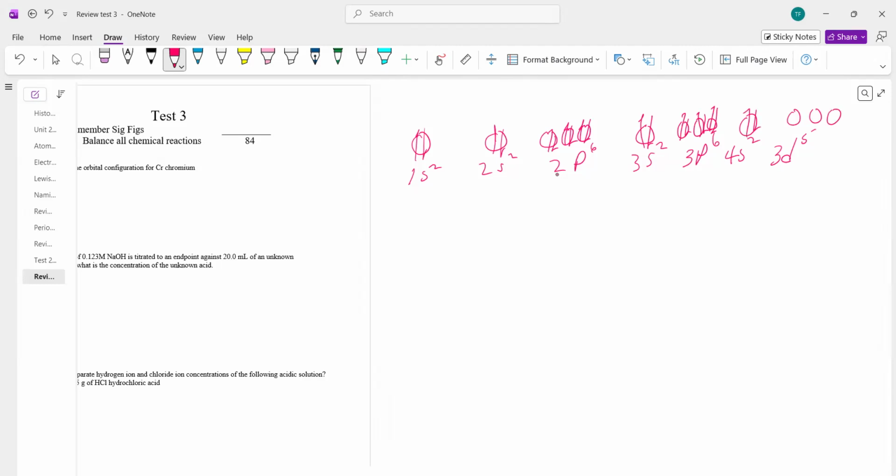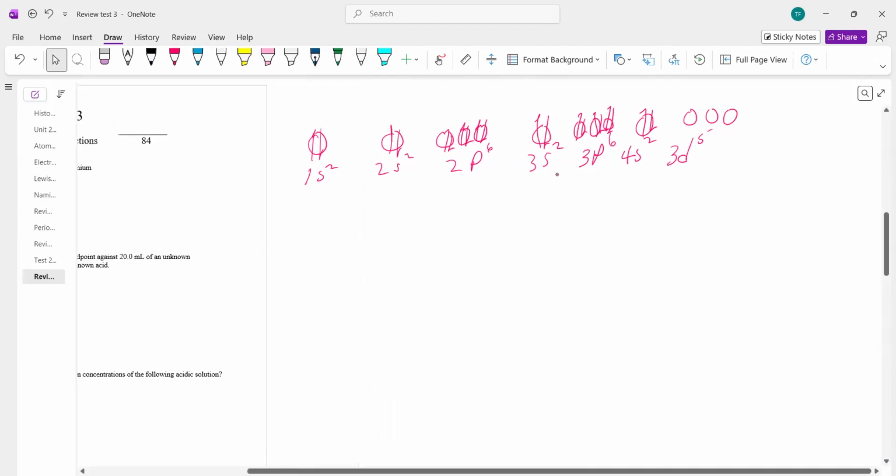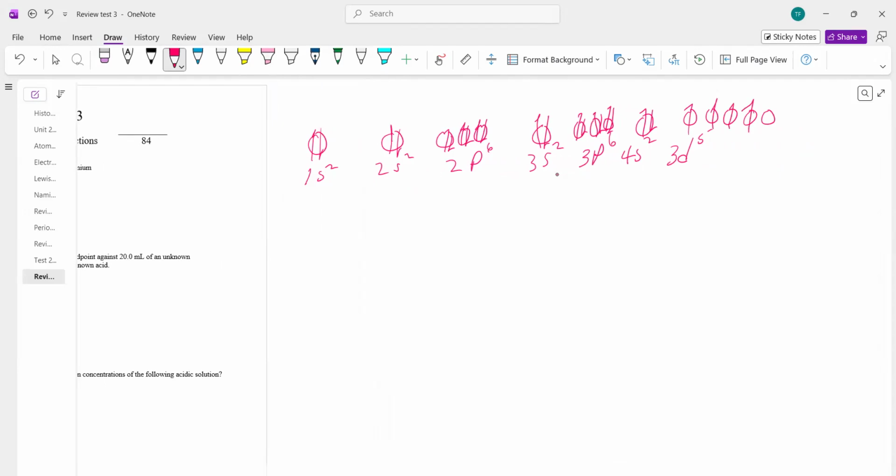D's have five. And that is 5 over, right? No, it's 4 over. Okay, so this is the orbital representation. The first thing you do is write the electronic configuration and then fill in the orbitals afterwards.